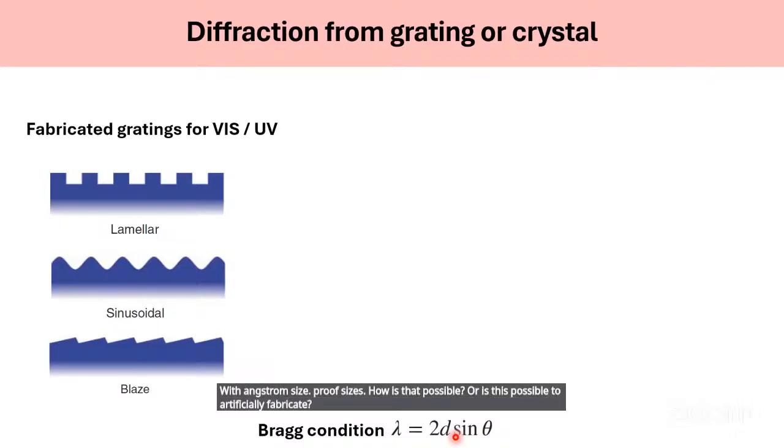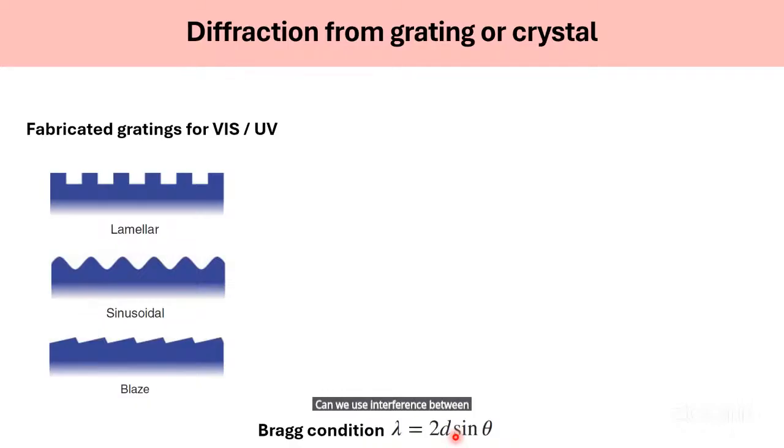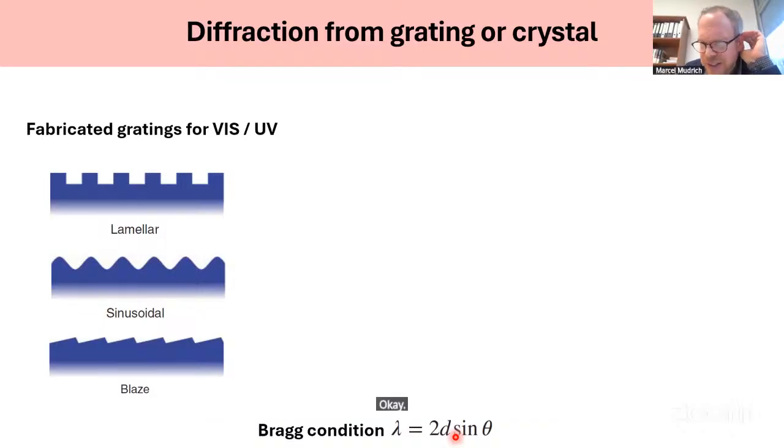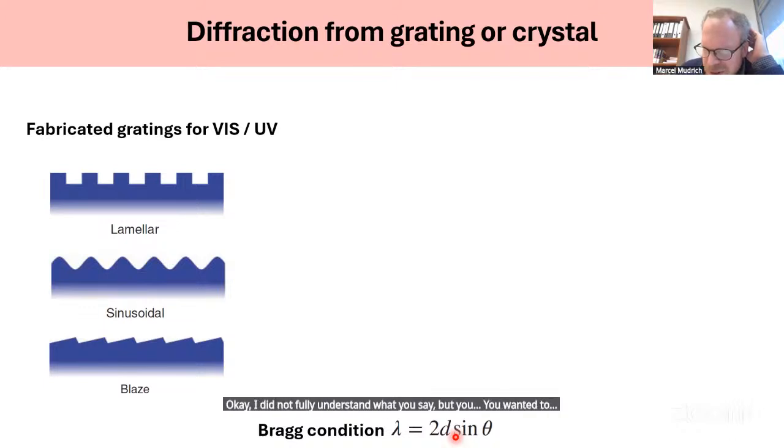Can we use interference between two beams as some sort of a mask, with which we can fabricate on any material? Okay, I did not fully understand what you say, but you wanted to... Did you want to?